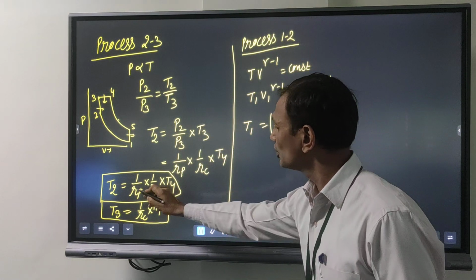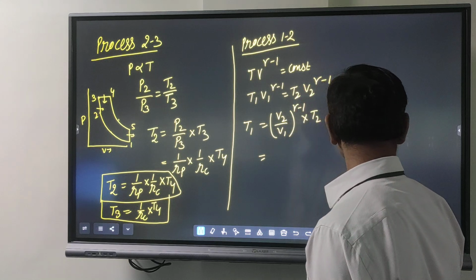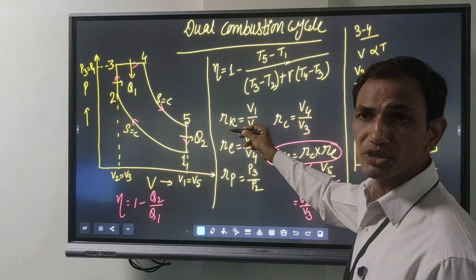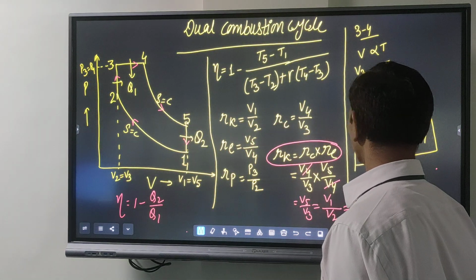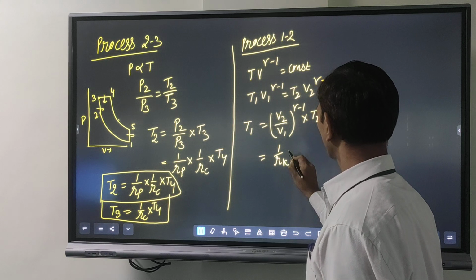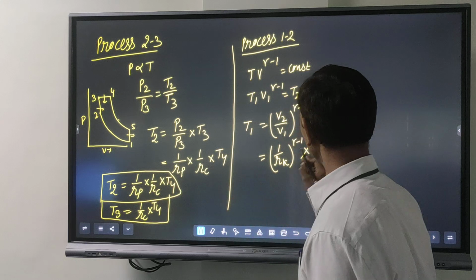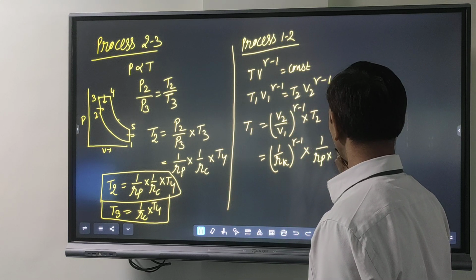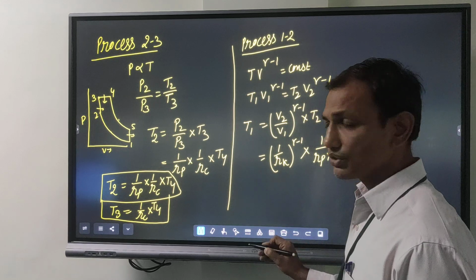So here we can write T1 is equal to (V2 by V1) to the power gamma minus 1 into T2. Okay, now put the value of T2. What is the value of V2 by V1? V1 by V2 is equal to the compression ratio RK, so I can write V2 by V1 as 1 by RK, to the power gamma minus 1, into the value of T2, which is 1 by RP into 1 by RC into T4. Okay.